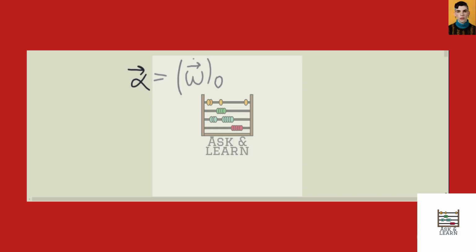Let's denote the rotating frame with prime indices. This capital omega is the angular velocity of the rotating frame, and this is the angular velocity of the cab with respect to the rotating frame.